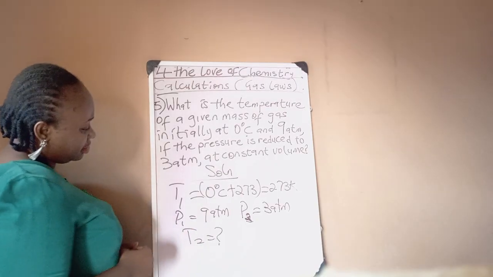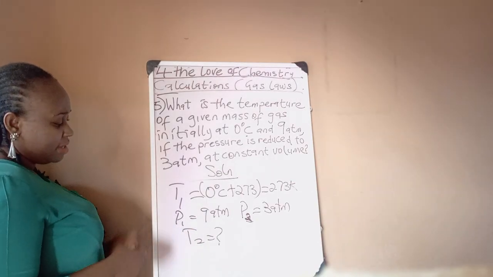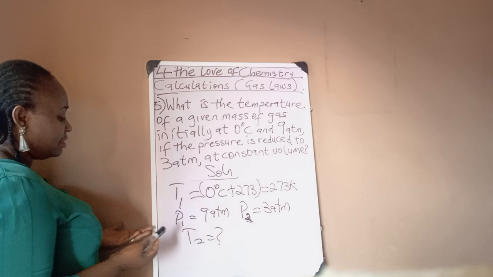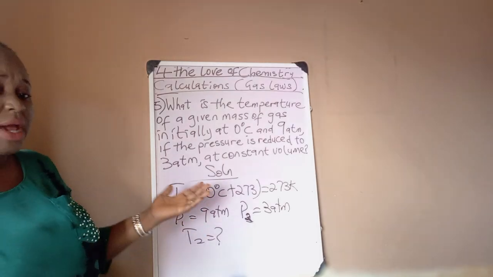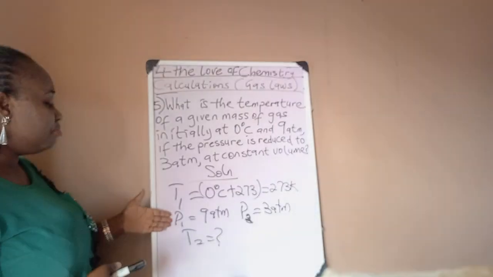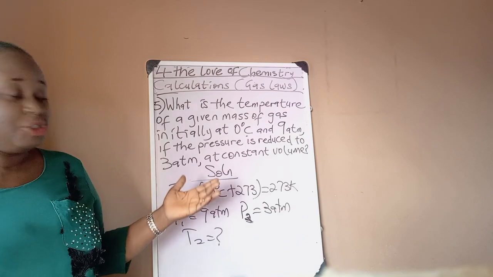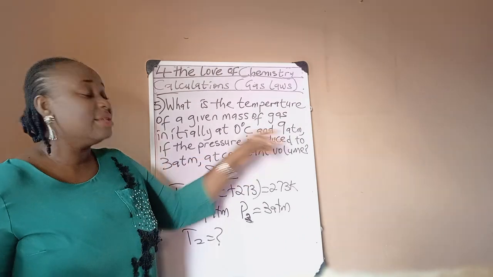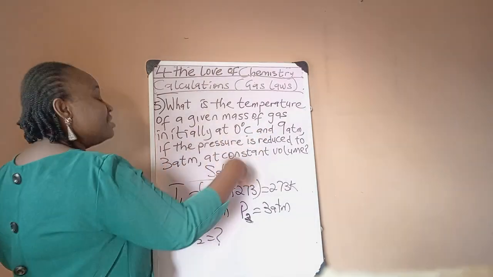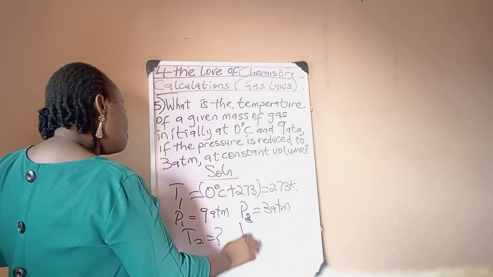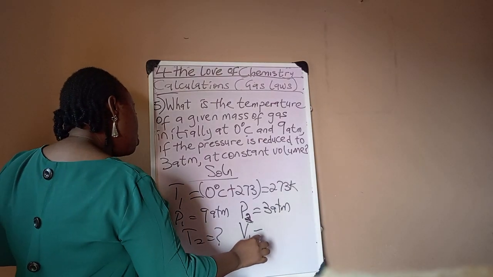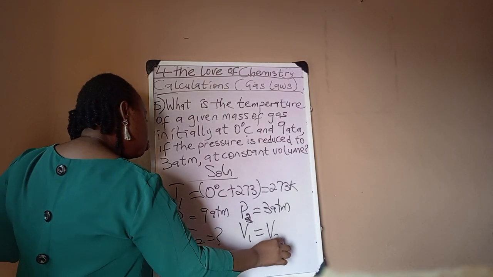But then you look at this and you wonder, there is no gas law that actually has a direct correlation between P and T. Look at the question again. It says at constant volume. So constant volume means that V1 is equal to V2.